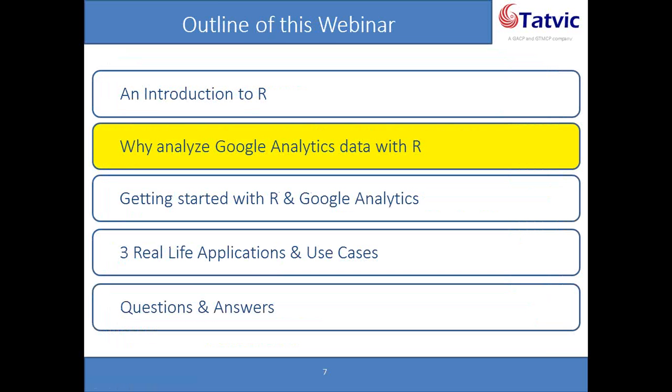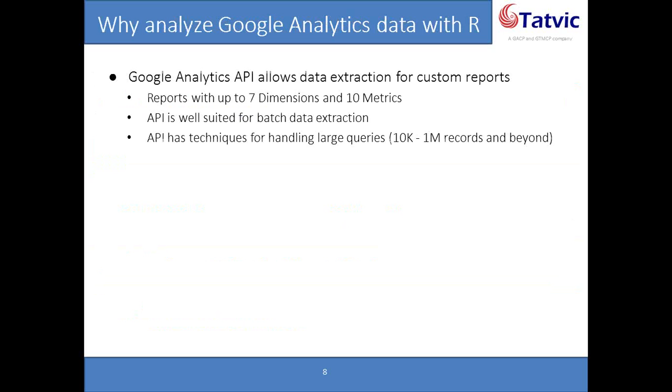So let me quickly jump to provide you a bit more specific idea about why you may want to try and analyze Google Analytics data with R. One of the quick facts that all of us are aware of, and I am assuming here that a lot of the participants will be actual users of Google Analytics: when I log into the Google Analytics report section, it's a tabular mechanism to see the reports, and I don't get a lot of breakdowns in the front end of the UI.